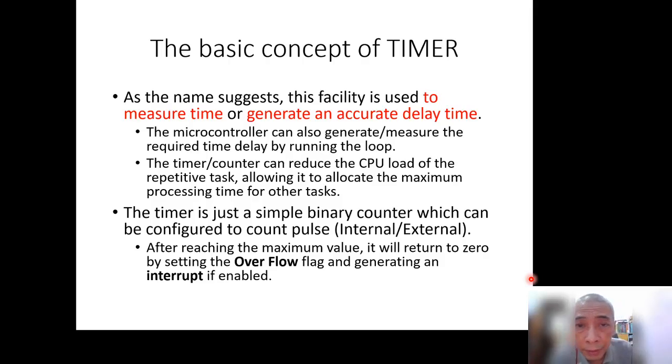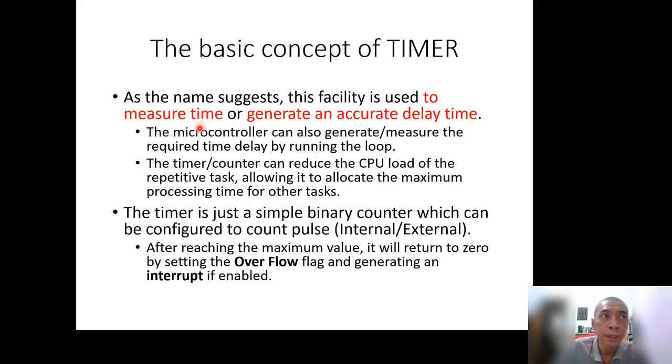Just as you know, the basic concept of the timer is a facility that is used to measure time or generate an accurate time. So, measure time from one event to another event, or generate a more accurate delay time.